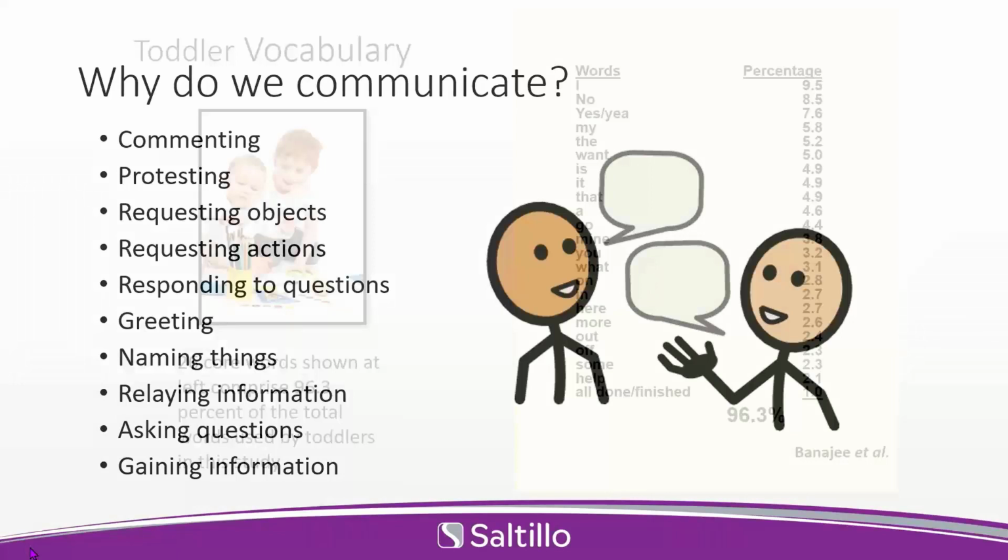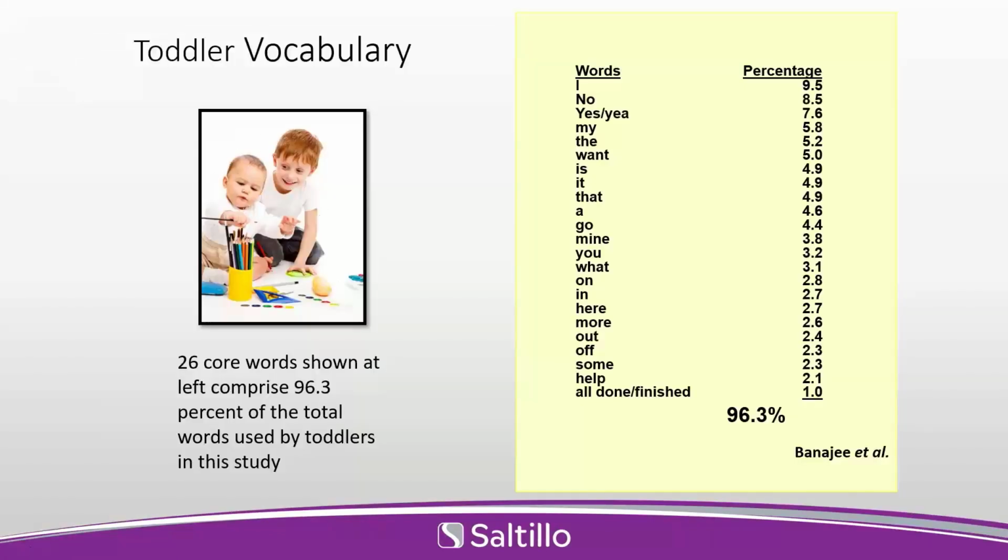So a study by Banerjee et al. in 2003 looked at 50 speaking toddlers that were using 2 to 3 word utterances. And these 26 words you see here made up 96.3% of what they said. I'm going to let that sink in just a bit.